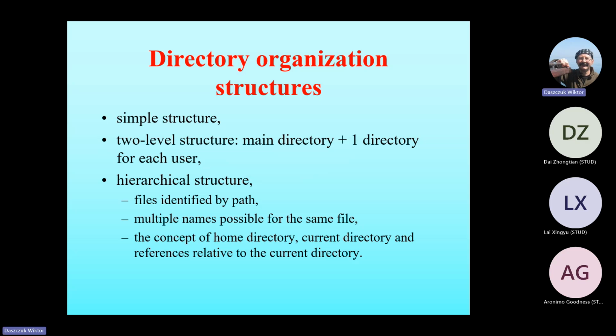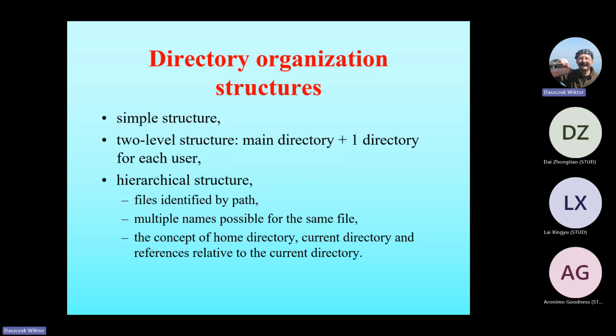Here we have three example structures of directories. The first two are of historical value. The simple structure is just a catalog of files, nothing more. The second is a catalog of users, and every user has its own catalog of files.